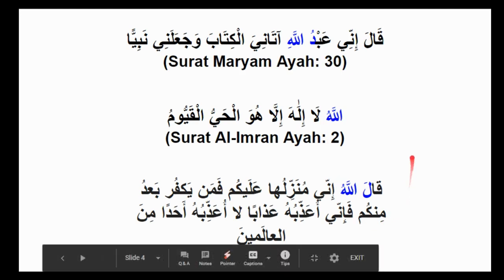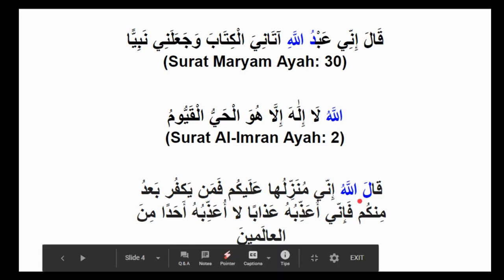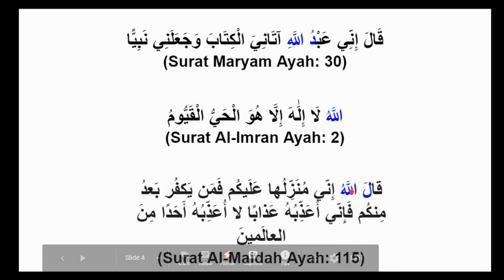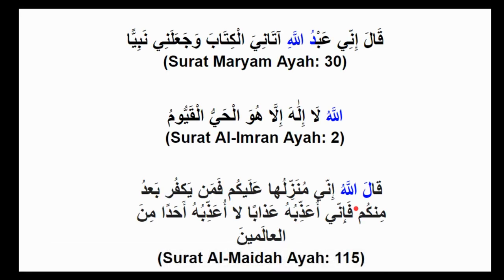So here we have the ayah 115 of Surah Al-Ma'idah, and it's قال الله إني منزلها عليكم. So in blue right here, you have the lam. There's a lam before the lam. So this lam has fatha, and right here, there's the name of Allah subhanahu wa ta'ala, and you have to make it heavy because there's a fatha.